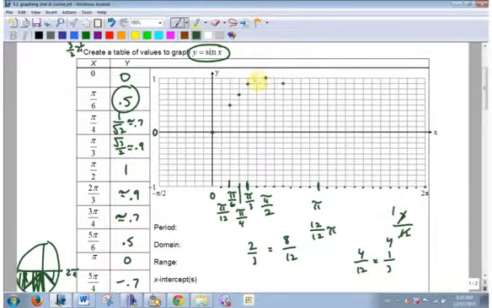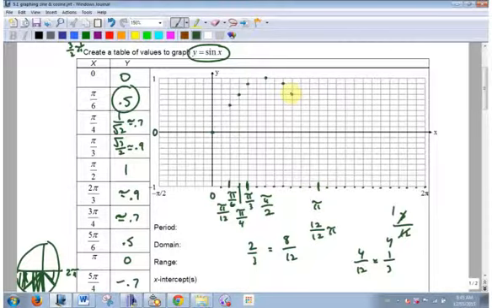You notice something up here? Does that kind of look like maybe it's symmetrical? It is. So if I go down to and over 1, I bet you that point's right there. How great. Okay, 3/4 pi, that's 9/12, 12, 11, 10, 9/12.